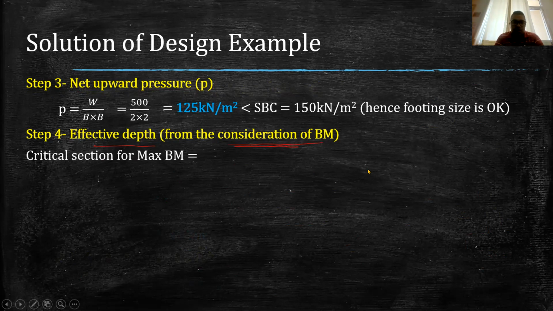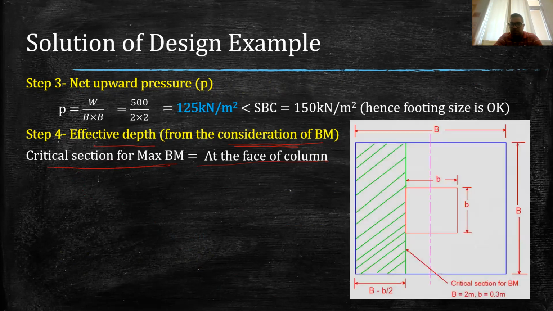Now, in the previous part, I have discussed the critical section for maximum bending moment. We know that maximum bending moment in case of square footing will occur at the critical section passing through the face of the column. So critical section will be at the face of the column. So here I will be showing you in the diagram also.